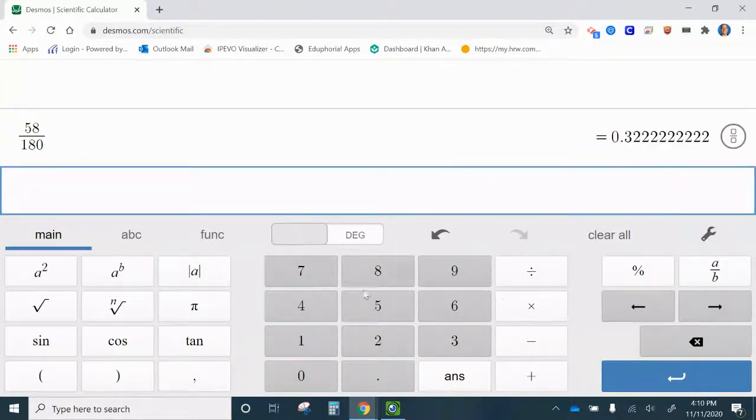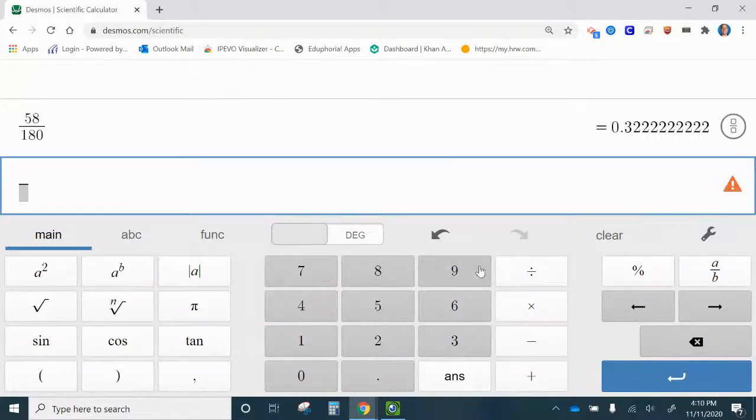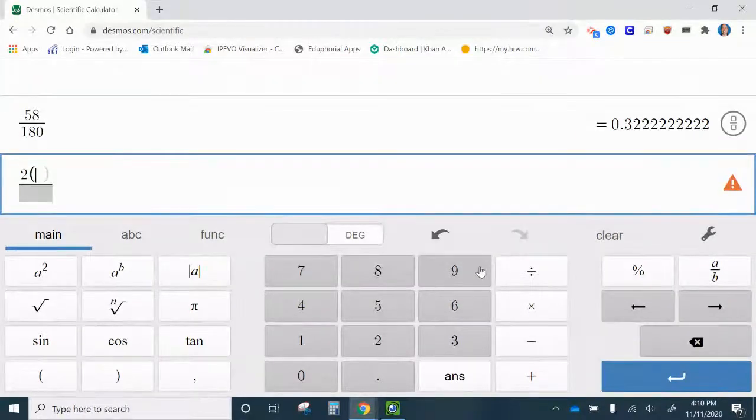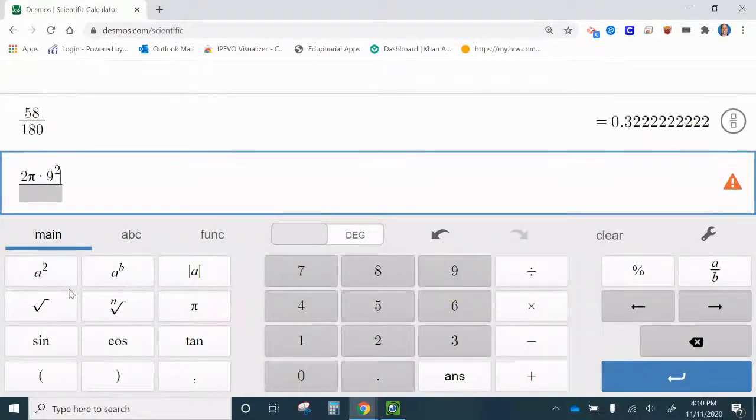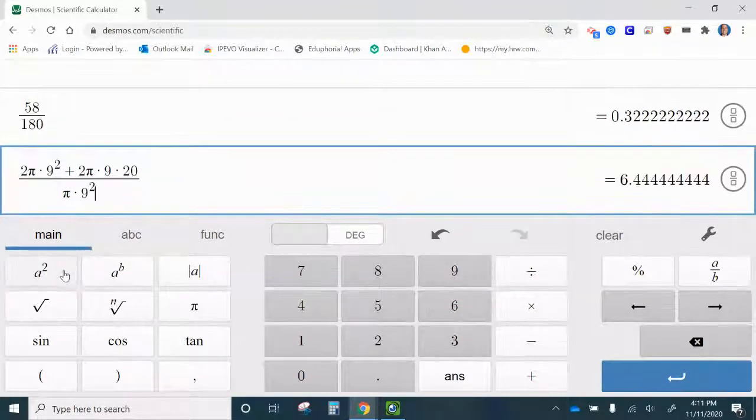Now we're going to divide, and we're going to put 2 pi times 9 squared plus 2 pi times 9 times 20 divided by pi times 9 squared times 20.